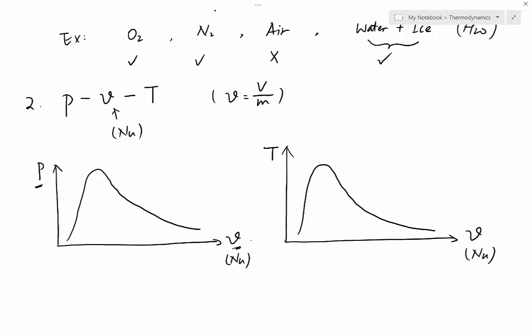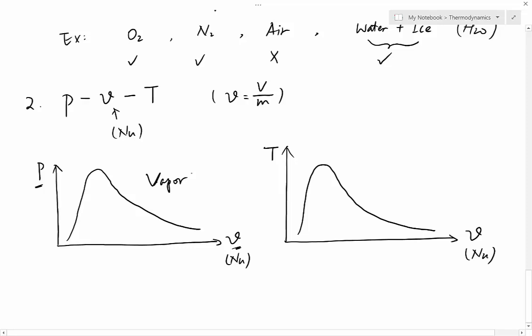So for example, after you measure the pressure and specific volume, you're going to have a point. If the point falls to the right side of the vapor dome, then your substance must be vapor.